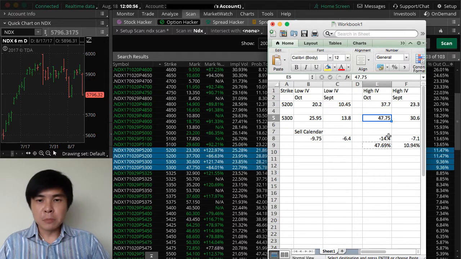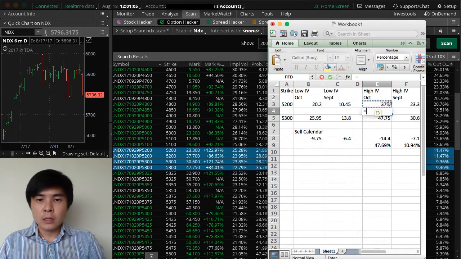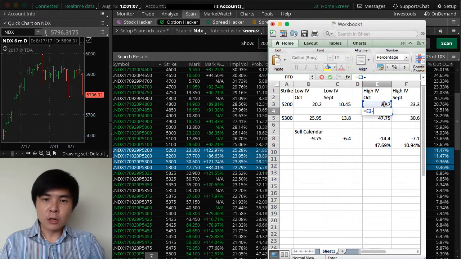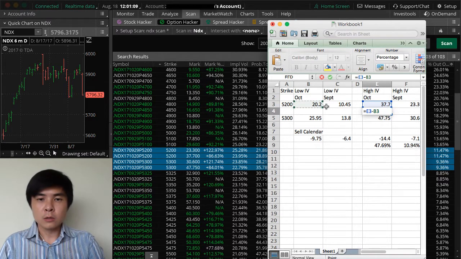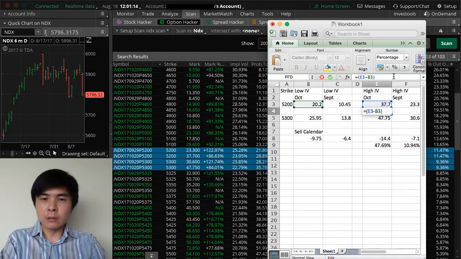If you don't believe me, let's do a quick mathematics. For October, I'm going to use the same formula. It equals the current price 37 minus $20.20, and this will give you the price increase.